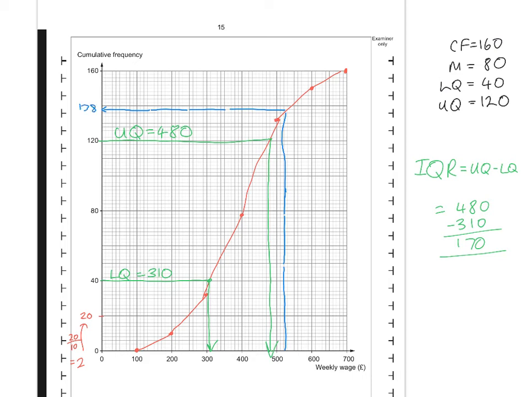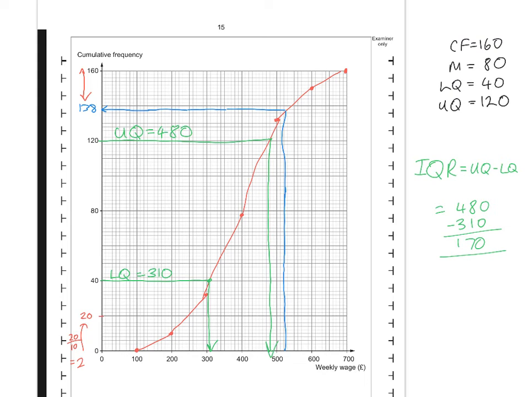Now, 138 is not the answer, okay? The question says how many people earn more than 520 quid. So all of that is these people here. So I'm trying to work out how many people are from here to here. So from 138 to 160, I need to work out how many people there are between that number.